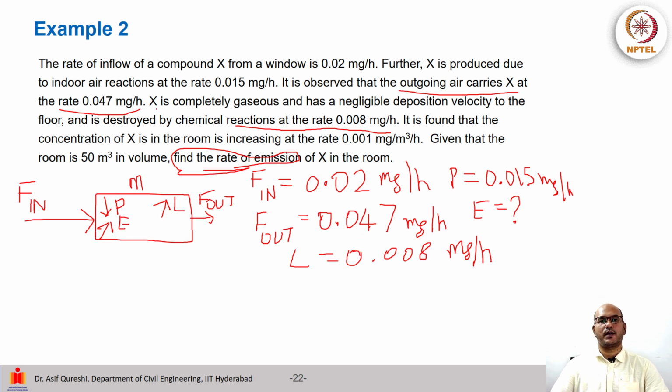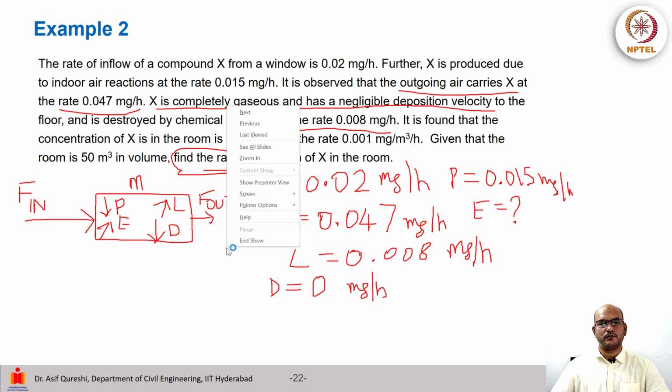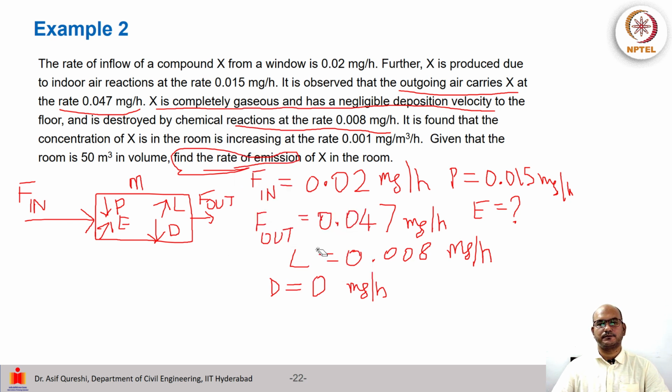X is completely gaseous and has a negligible deposition velocity, so let us consider D as going to 0. So we have all the items here.